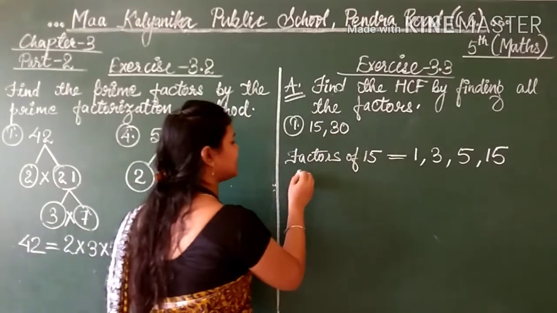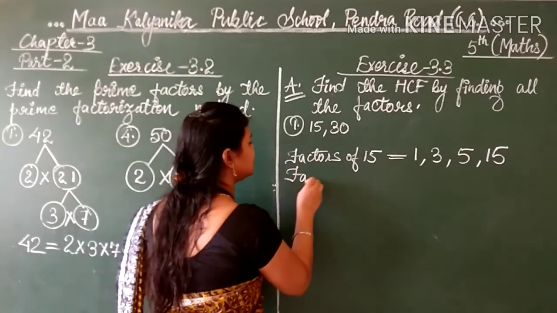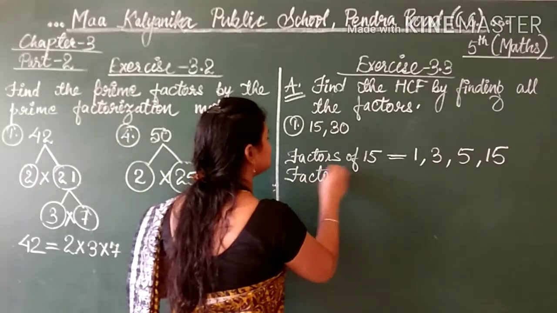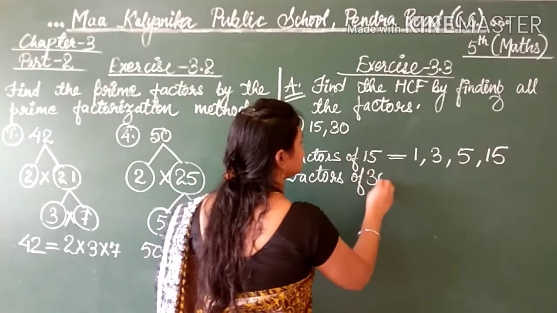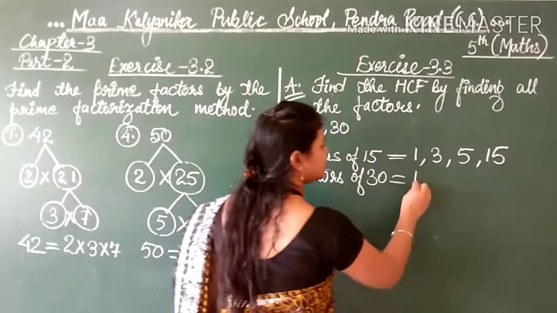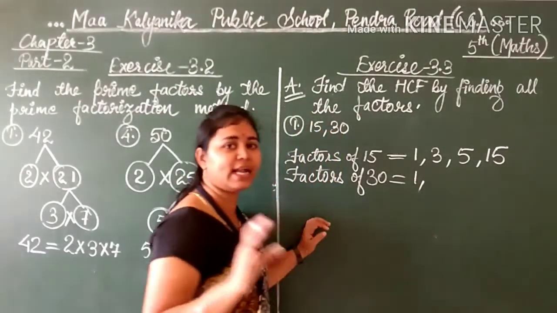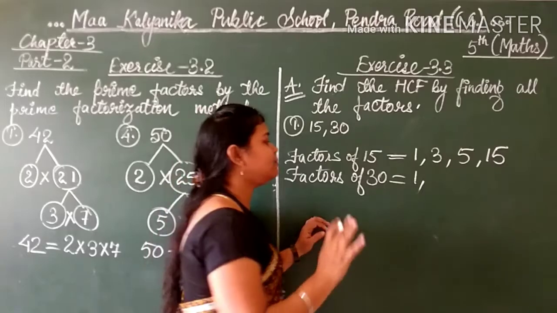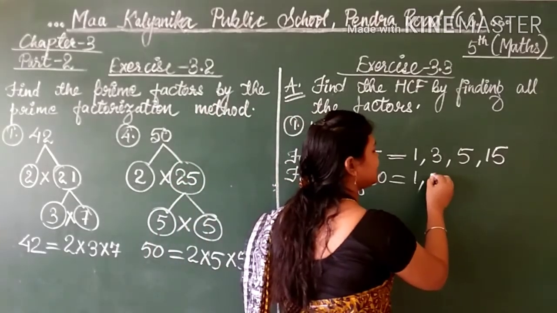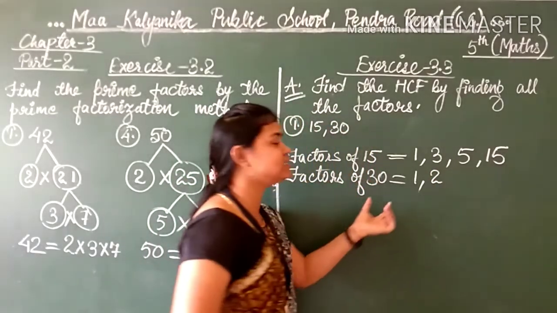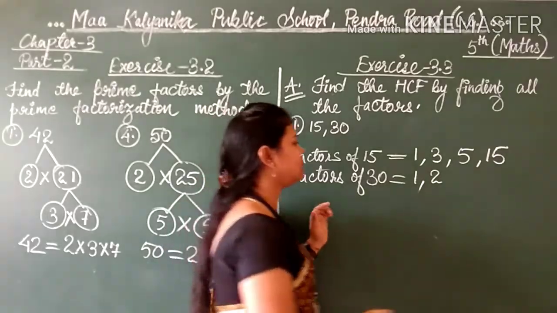Now moving to the second number, that is 30. Factors of 30. So students, factors of 30: 1. Now table of 2, 30 will come. Can 30 be divided by 2 or not? Yes, 2 15s are 30. It can exactly divide it.